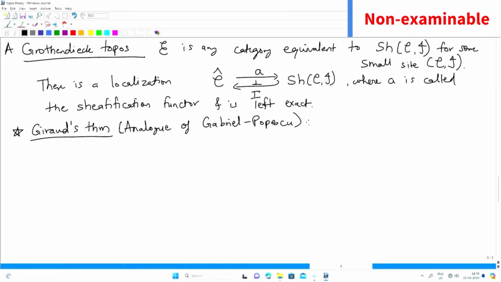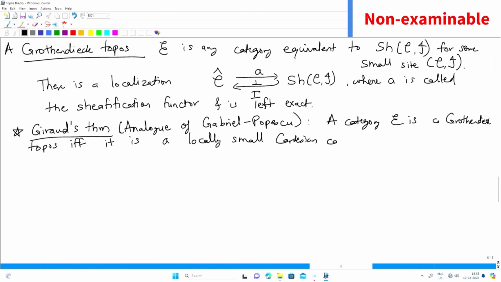So now it's going to give you the other side. So Giraud's theorem says that a category E is a Grothendieck topos if and only if it is a locally small Cartesian category such that the first condition is: small disjoint coproducts exist.